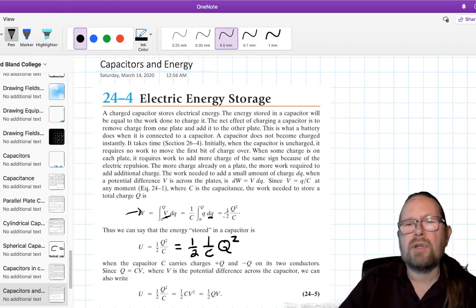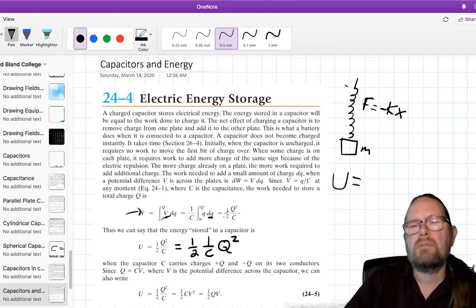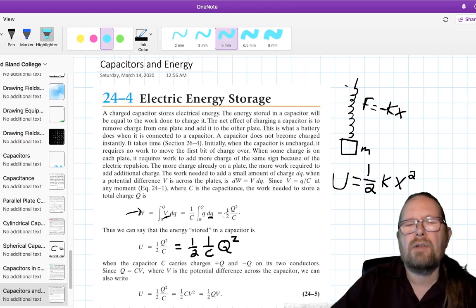If we remind ourselves, thinking way back to Hooke's law, if we've got a mass on a spring, and that spring exerts a force equal to minus kx, the potential energy of that spring when it's stretched an amount x was equal to 1/2 times a constant times x squared, where x is the position of that spring from equilibrium.